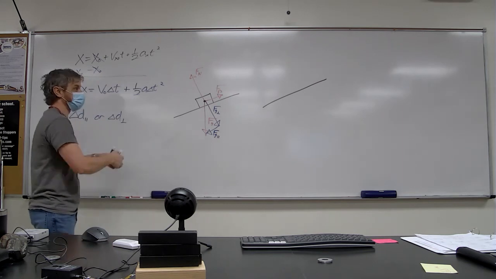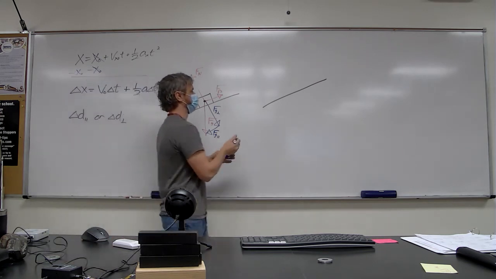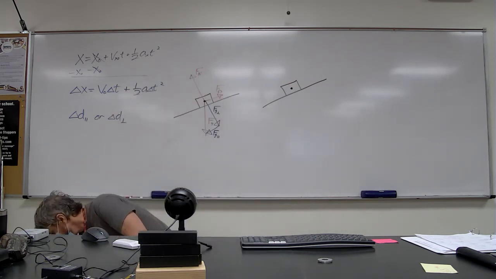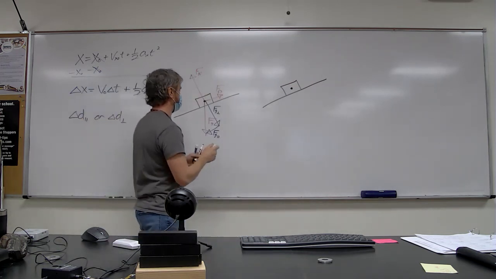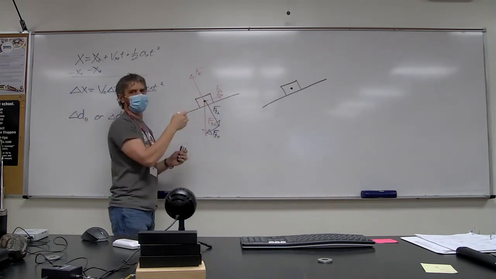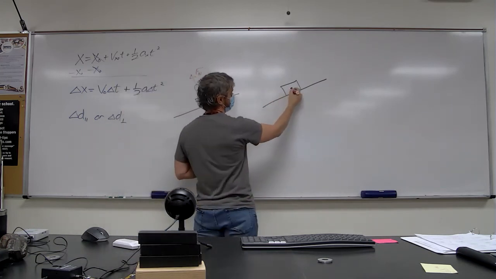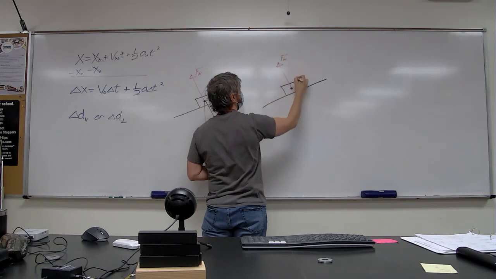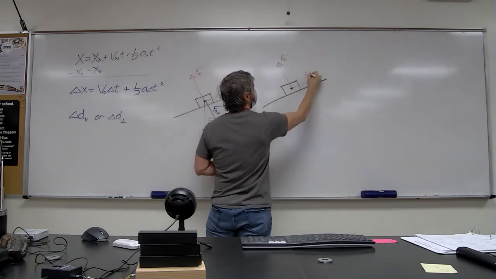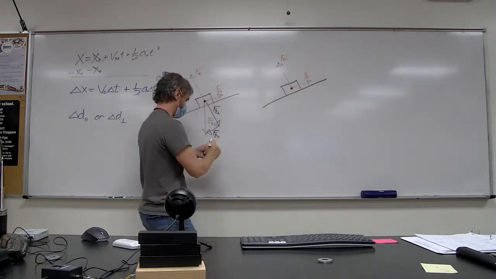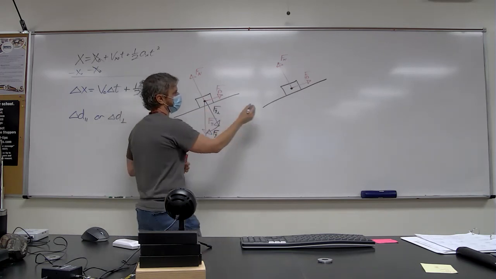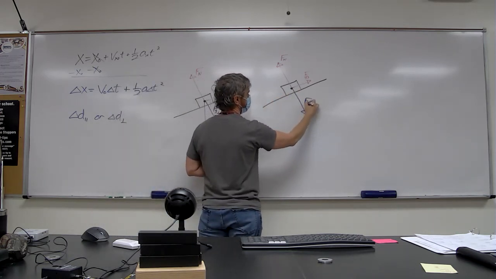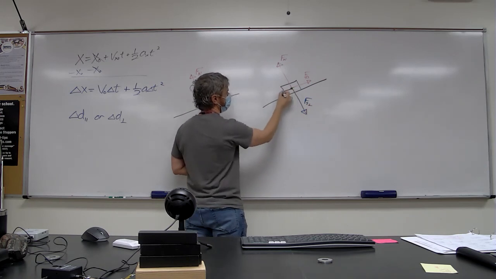And then he actually redraws the free body diagram, with both of these vectors originating at the dot. And so you might like to do it that way, and I'm fine with you doing it this way. And then he would say, all right, Fg perpendicular goes here, and then Fg parallel, you can put it here.